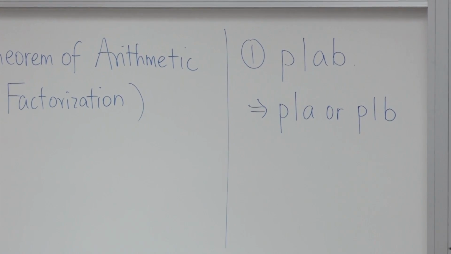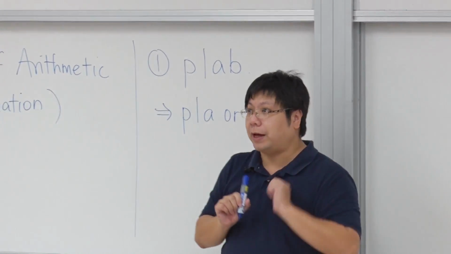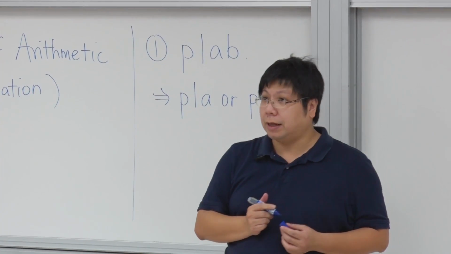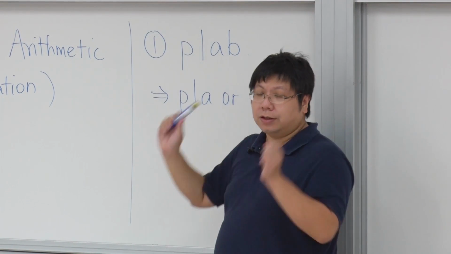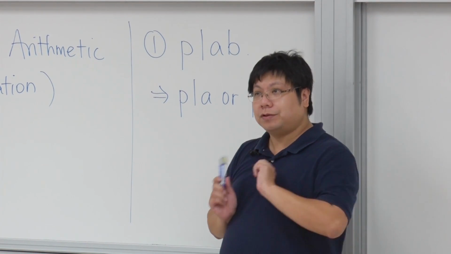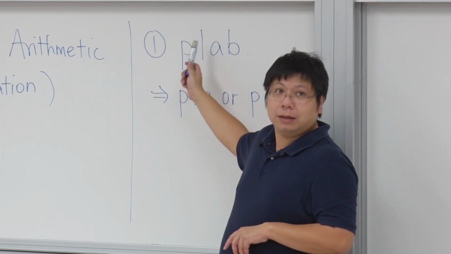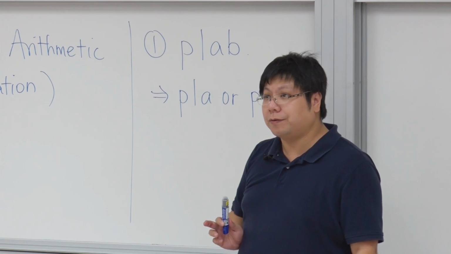Okay, the reason is that we can first ask if A and P have a common factor. If A and P have a common factor, then P divides A, because P is a prime. Now, if P and A do not have a common factor, then we have shown that if the GCD is equal to 1, then this one has to divide this one. This is from a certain lemma we have done last time.